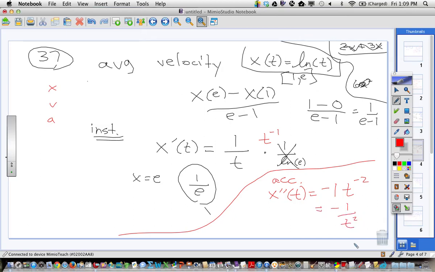So the second derivative would be negative 1 over t squared. And then they wanted that at what, 2? Is that what they said in 38? They wanted the acceleration at t equals 2. So we plug that in, and we get negative 1/4. Negative 1/4 is the acceleration.